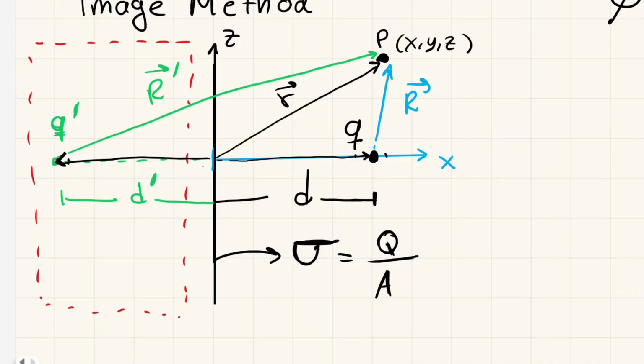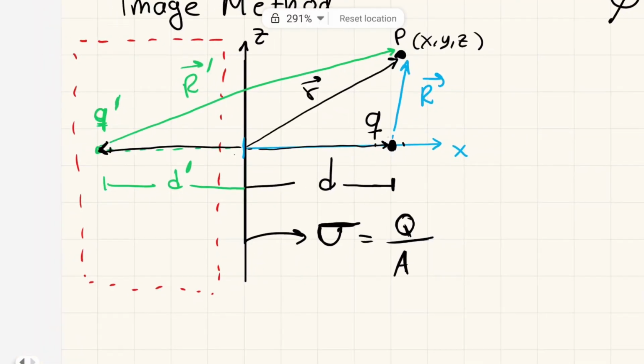So we are going to propose that this system can be equivalent to another system of just two electric charges, Q and Q prime, where Q prime is the imaginary charge, and it is away from the plane at a distance d prime.